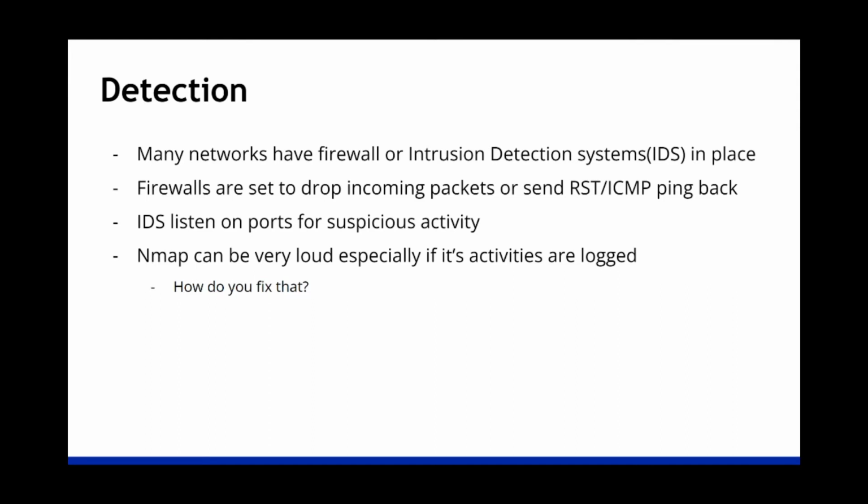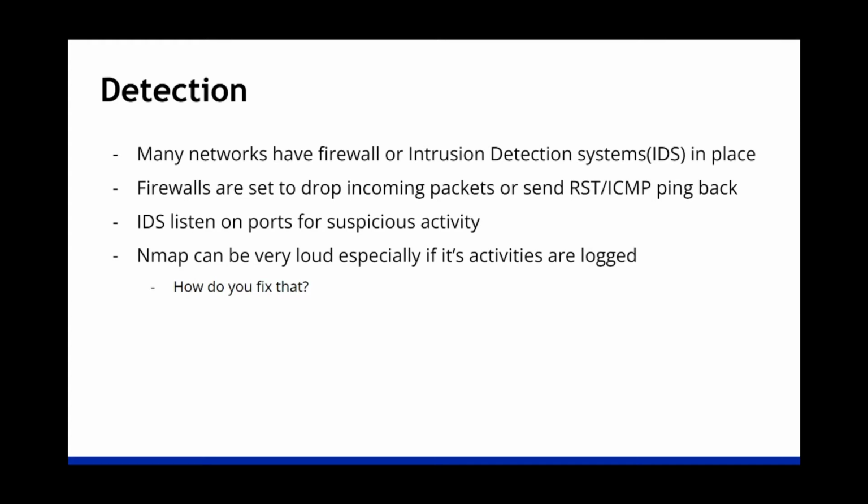So firewalls are set to drop incoming packets, or send a reset packet back, or send an error message if it's UDP back to say that this port is closed because it's trying to protect it.